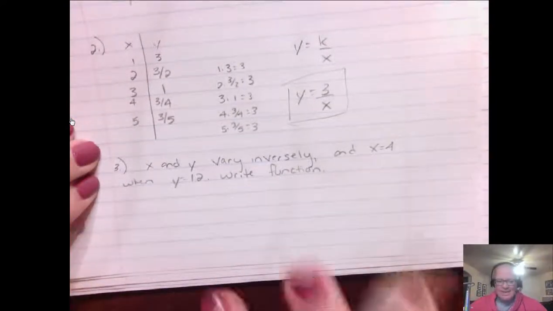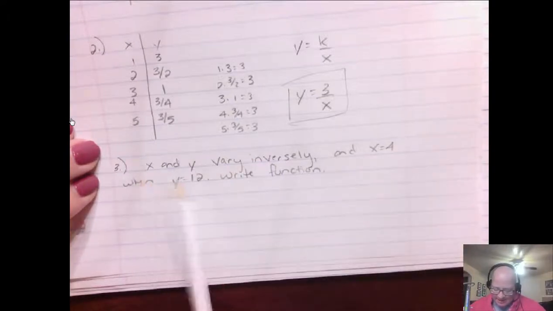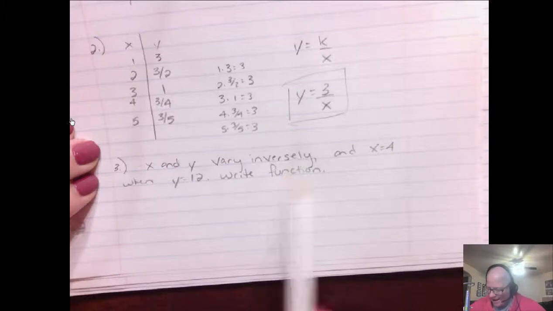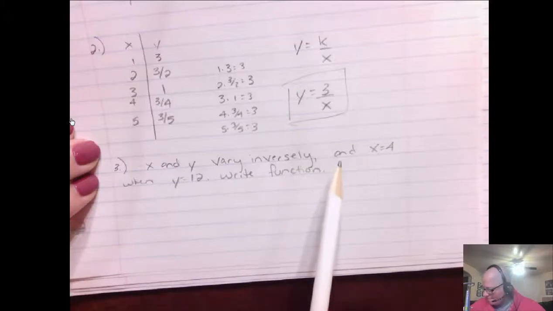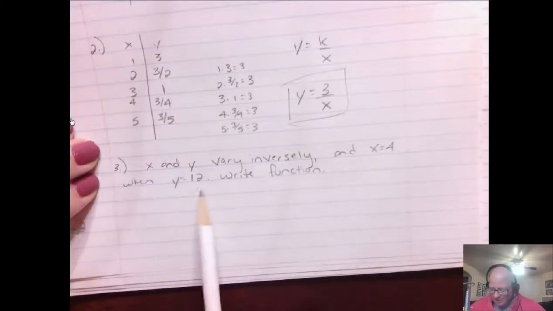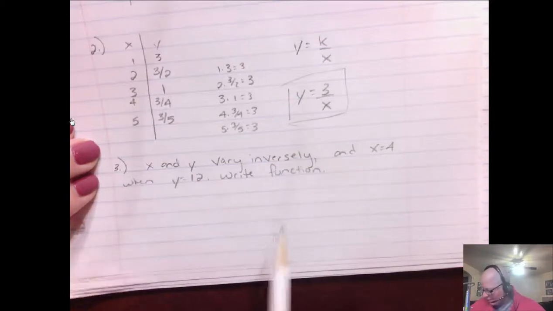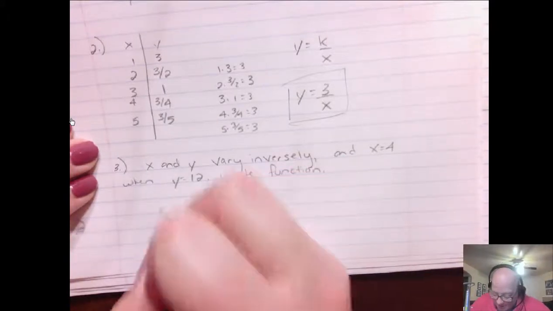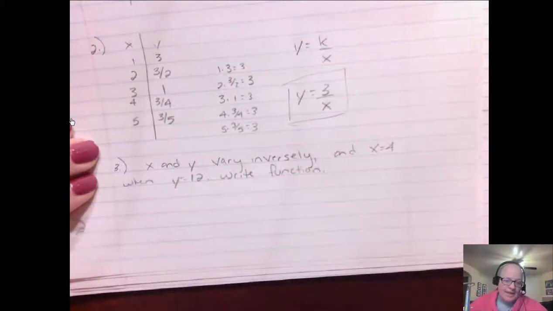But what they're saying in this, and I want to make sure you understand, is x and y vary inversely, and x equals 4 when y equals 12. So we know they vary inversely. So our first step is to come up with that general formula that we know. Well, it comes from the wording, inversely. You could see direct. Sometimes you see joint or combined.